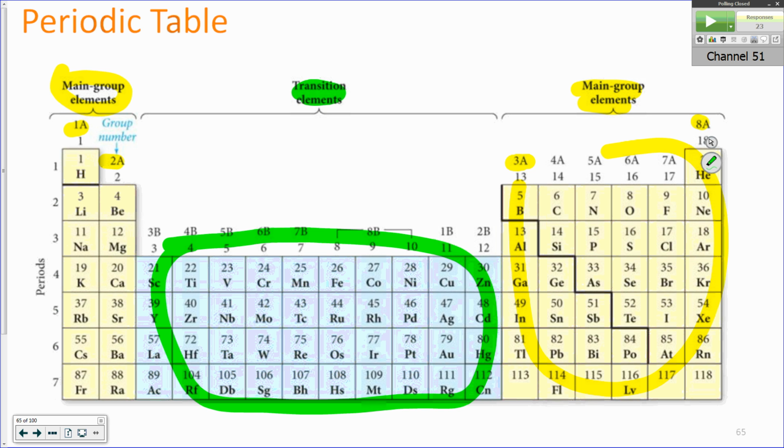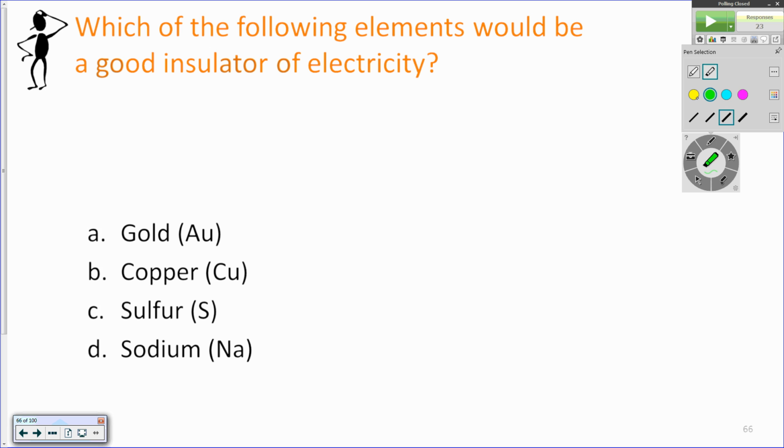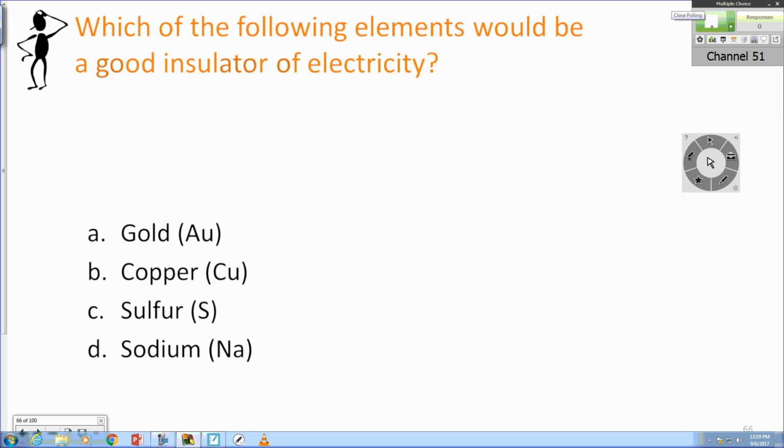So these guys, the main group elements, are very predictable. We know something about their properties or characteristics. We don't know as much about the ones in the middle in the transition, they're more variable. So if I wanted to pick something that would be a good insulator, which one would you choose?